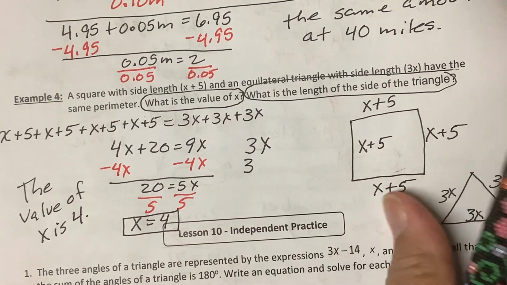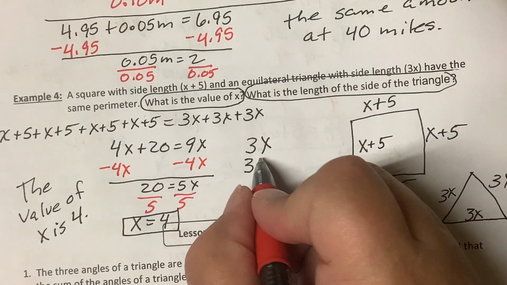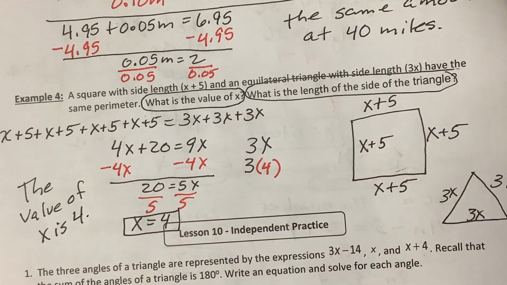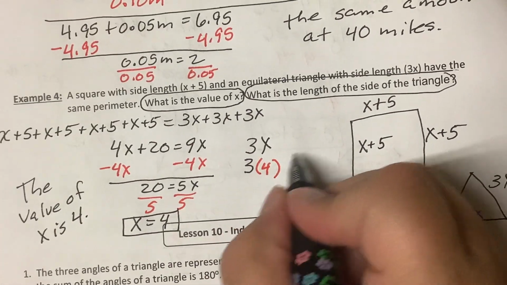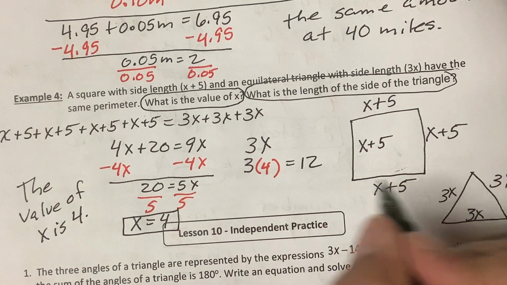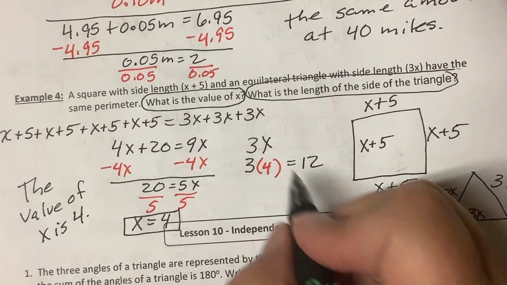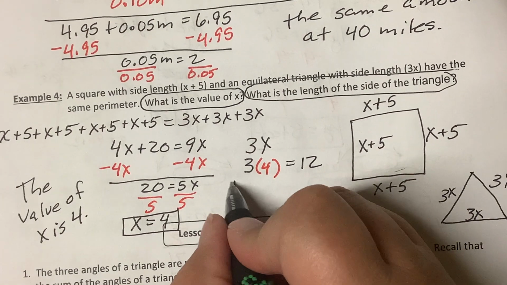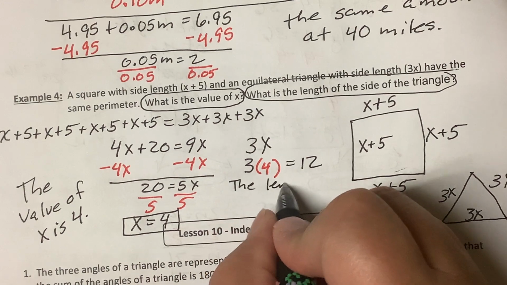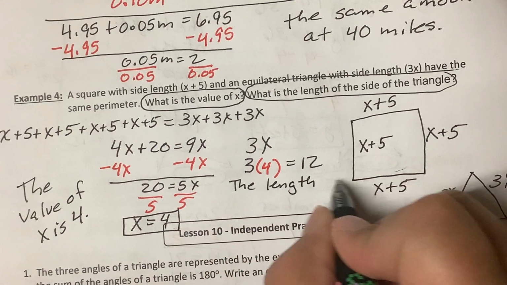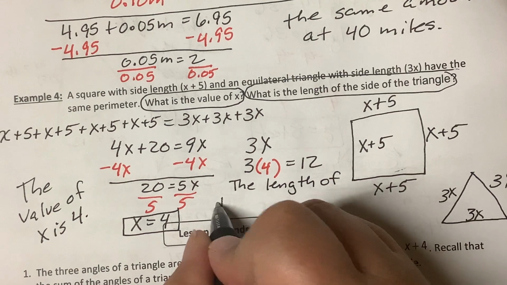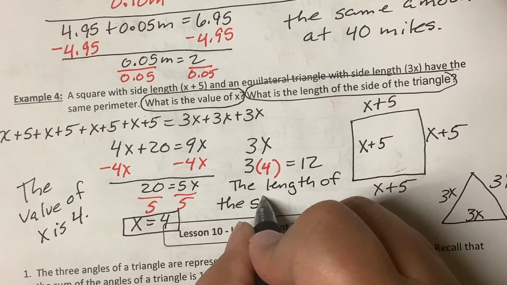It's going to be 3 times 4, and that means that it's going to be 12. The length of the side of the triangle is 12. The length, spell it right this time, of the side of the triangle is 12.